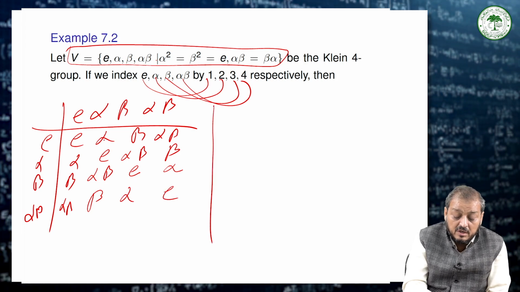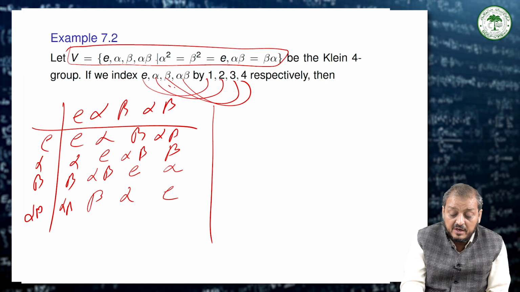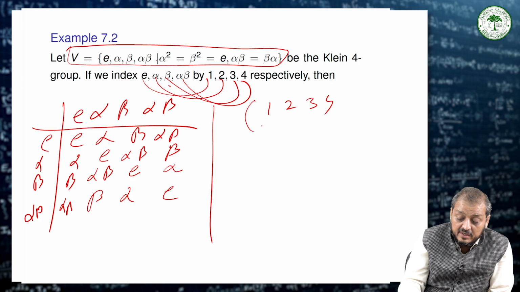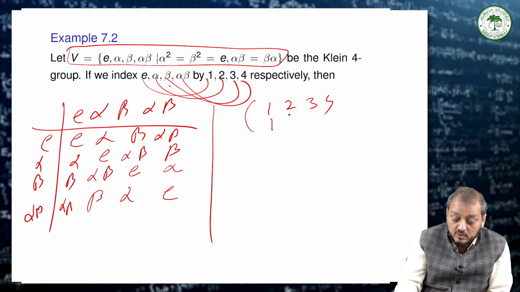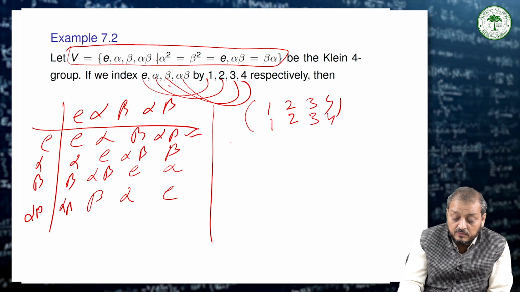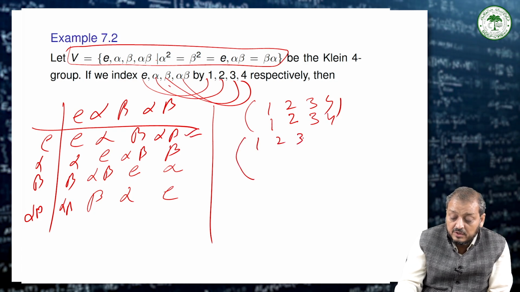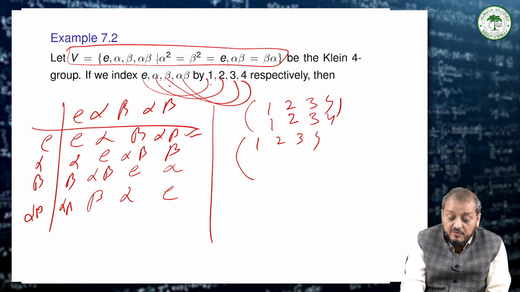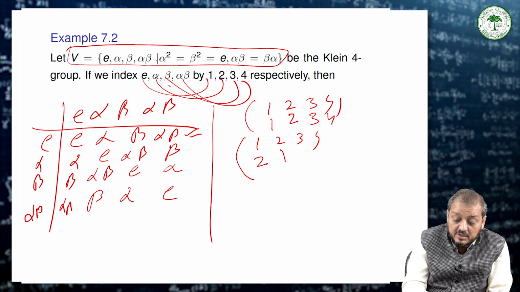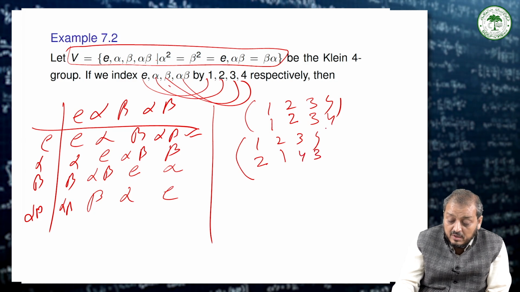Now if you see in this form, we can write it in the form of 1, 2, 3, 4, where identity is equal to 1, alpha is equal to 2, beta is equal to 3, and alpha beta is 4. And for the second, we take 1, 2, 3, 4, and alpha is equal to 2, identity is equal to 1, alpha beta is equal to 4, and then 3.